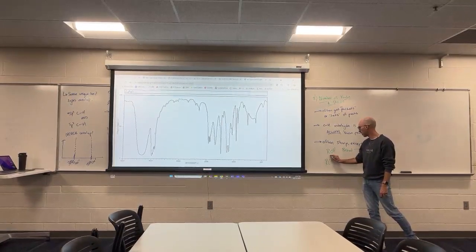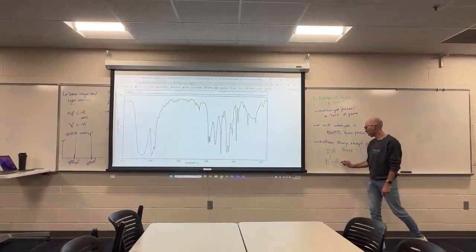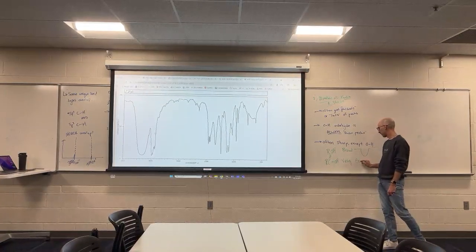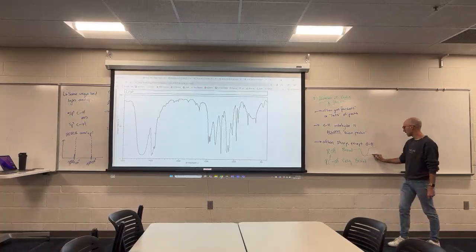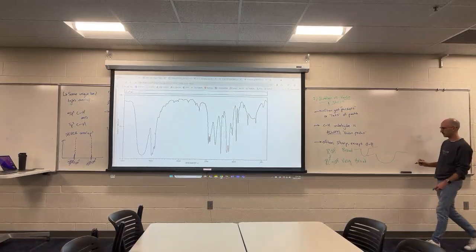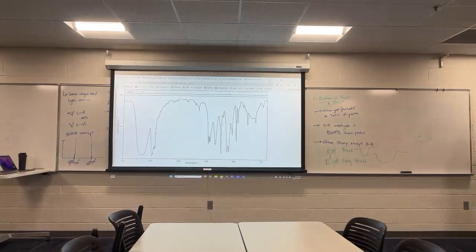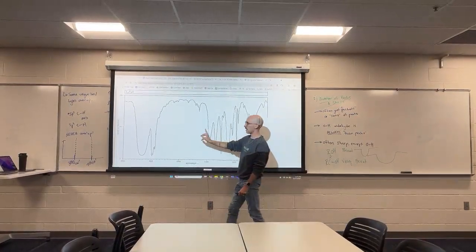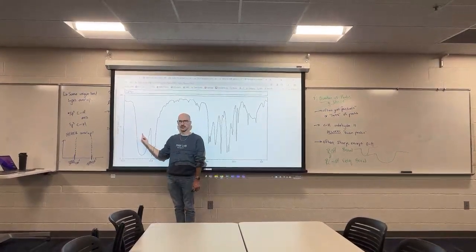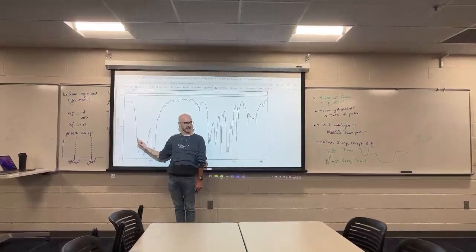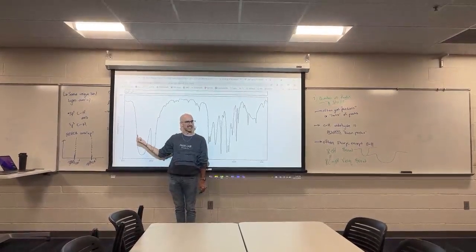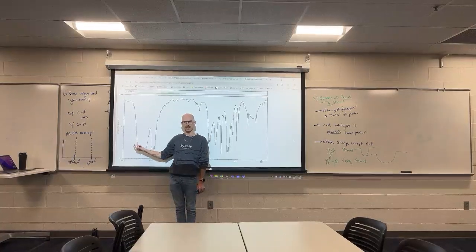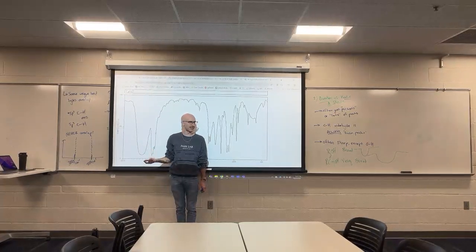But the OH of a carboxylic acid, we say it's very broad. This is a broad absorption. It stretches pretty wide, but it's nothing compared to the carboxylic acid absorption. In fact, the carboxylic acid absorption is so broad, sometimes it's hard to even say that it's a signal in and of itself.